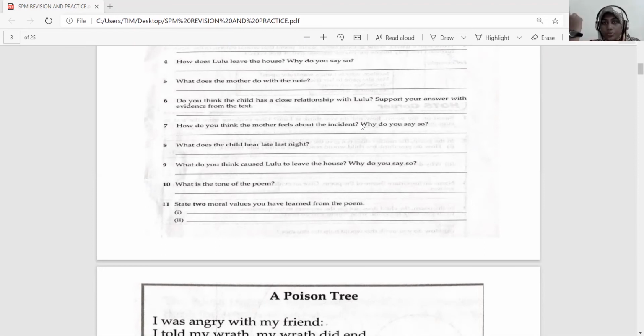The tears were dropping. So your answer can be upset, sad, stressed. No, depression is totally different. Emotionally down. All the adjectives can be used, but use them wisely. And then the evidence you have to provide. This is quite a common question in your SPM.